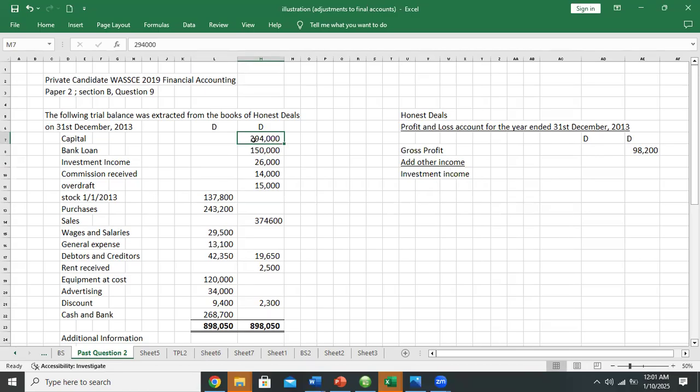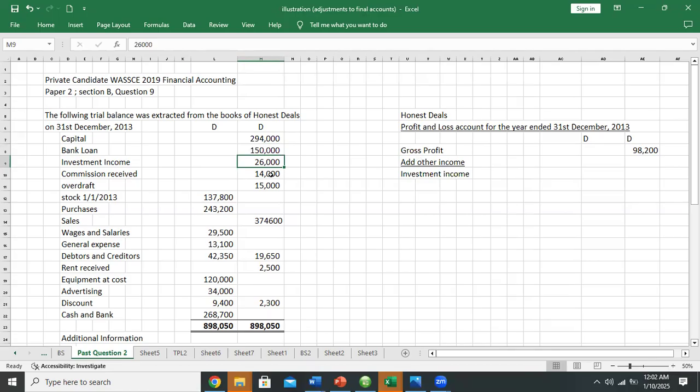It represents the owner's investment. Okay, so it will also be used to prepare, let me tell you that, the balance sheet. So the capital will be used to prepare the balance sheet. Then the next one is loan. A loan is a liability, and a liability goes into the balance sheet. So investment income will be part of your other income in your profit and loss account.